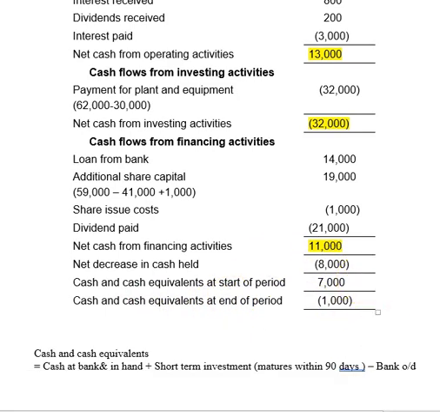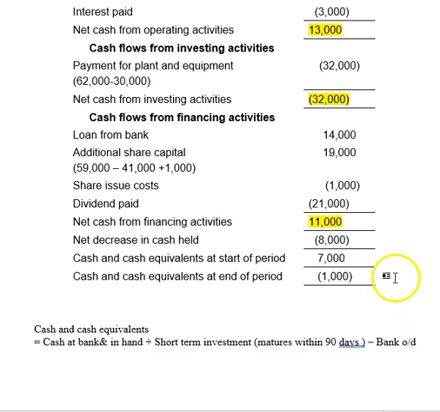So in order to check your answers, you need to make sure that your cash and cash equivalent at the end of the period minus your cash and cash equivalent at the start of the period equals to the net decrease in cash. So how do we do this? So your closing balance minus your opening balance equals the net changes in cash.